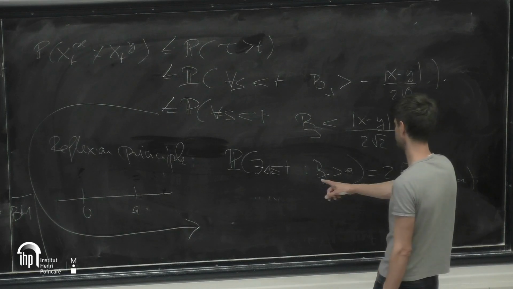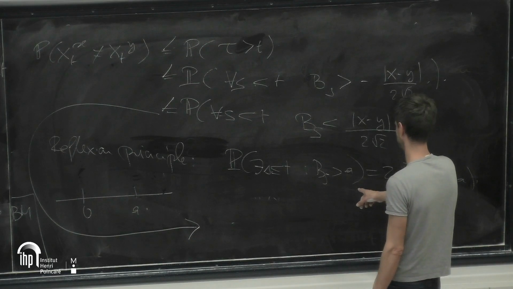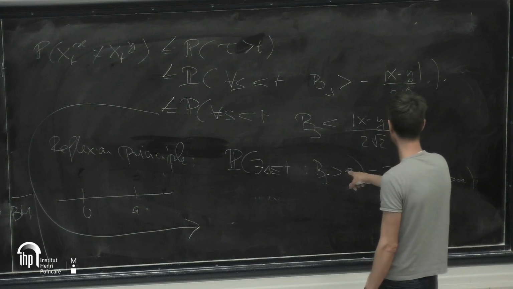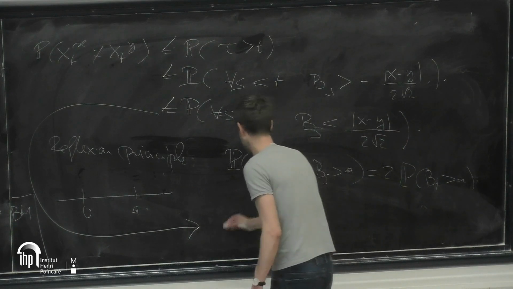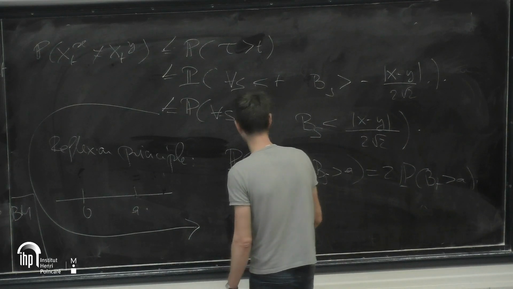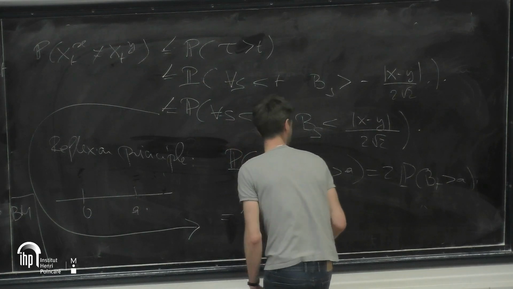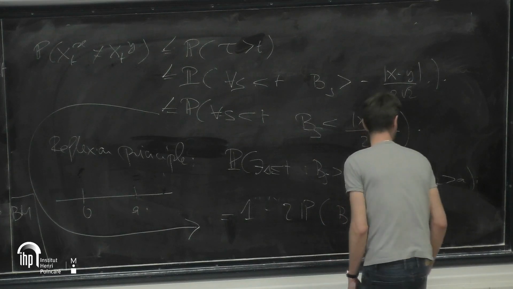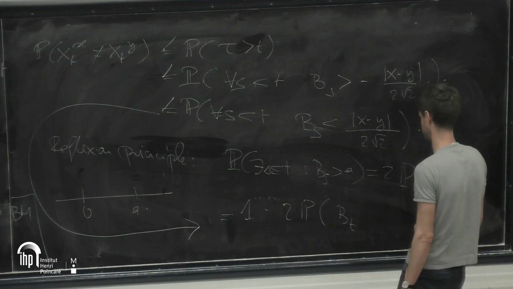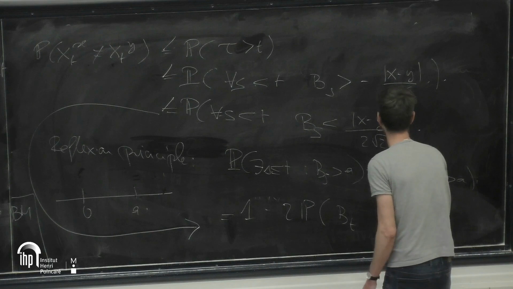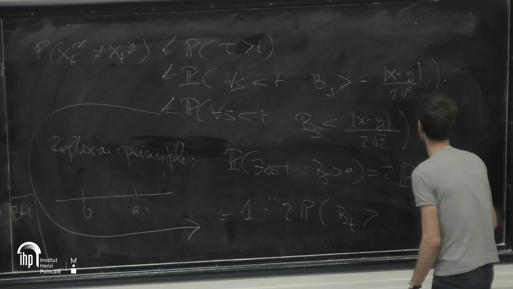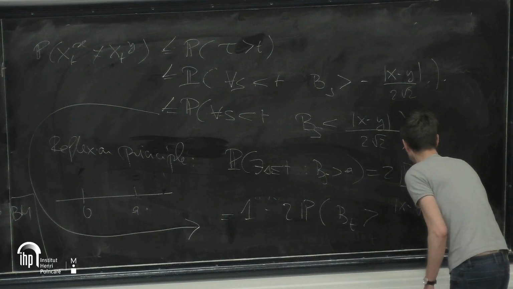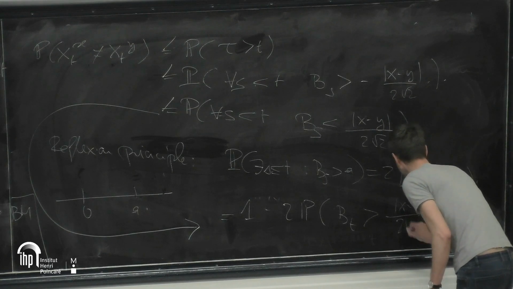So it's 1 minus 2 times the probability that B_t is bigger than (x minus y) over 2 square root 2.